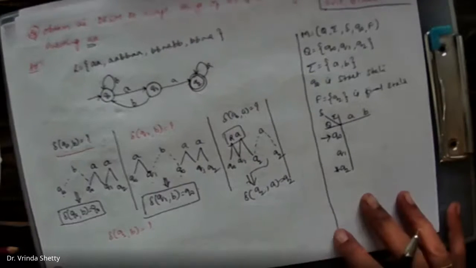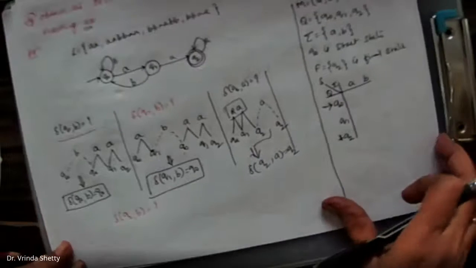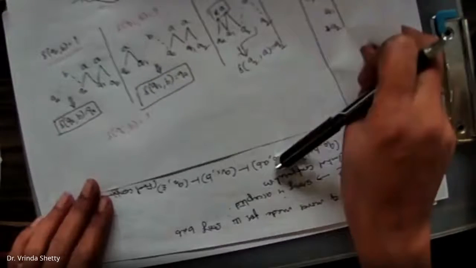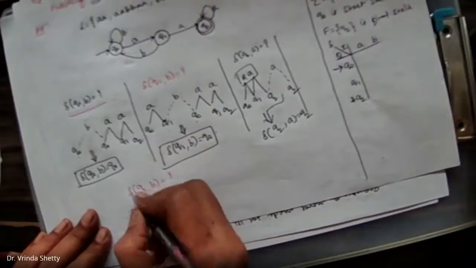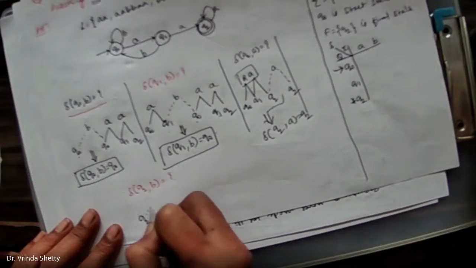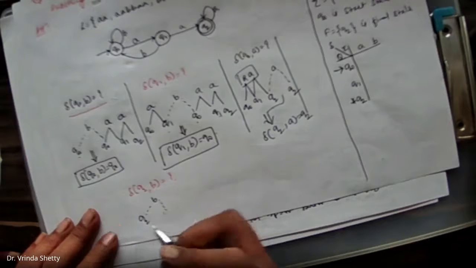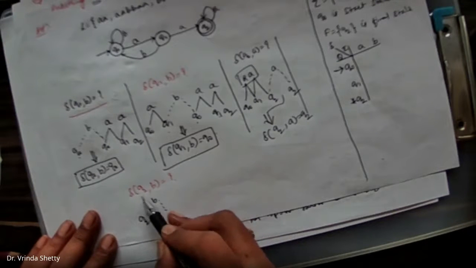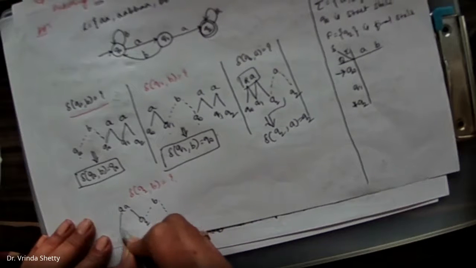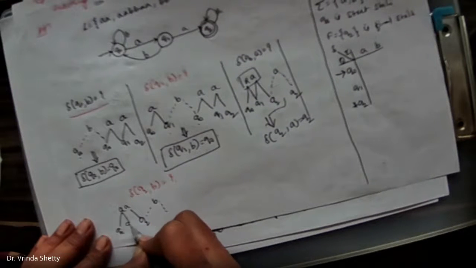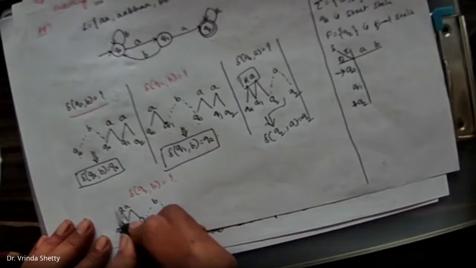So here we'll think of Q2 on B. We'll check how we reached Q2. Have we got a substring AA previously? Yes. Q0 on A goes to Q1, Q1 on A goes to Q2.